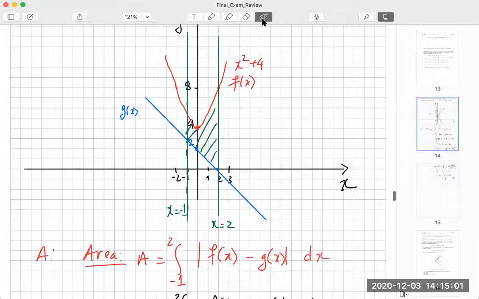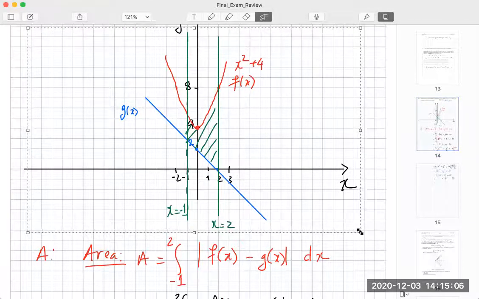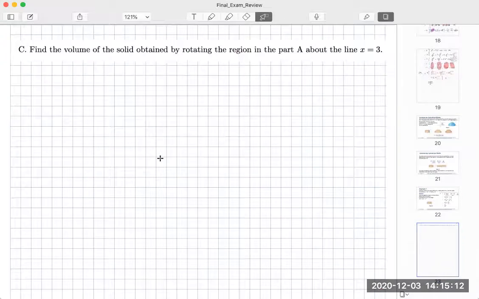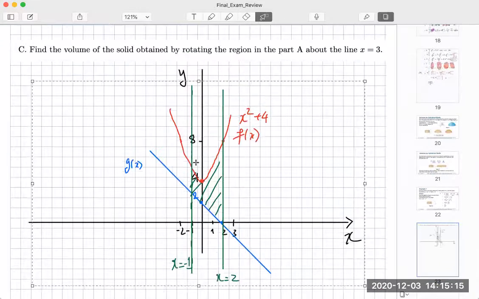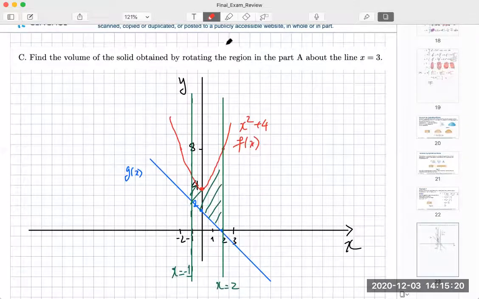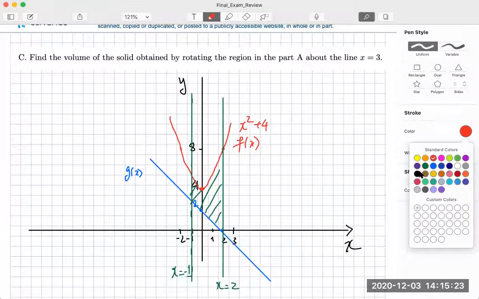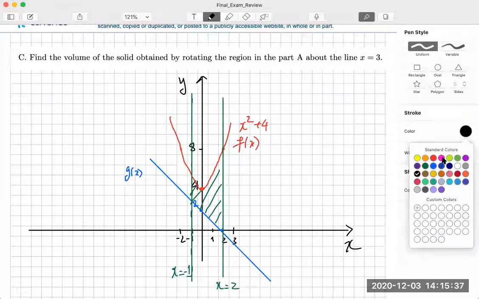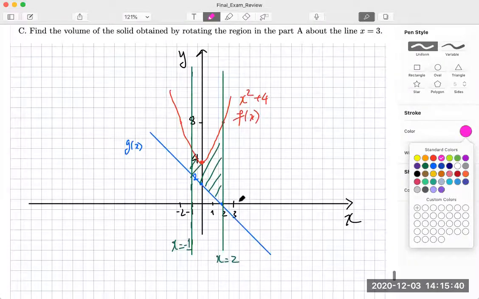Let me copy it and paste it here. Now, this area here is rotated about the line x equals 3, which is this line.